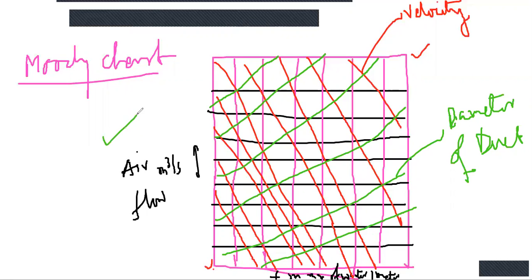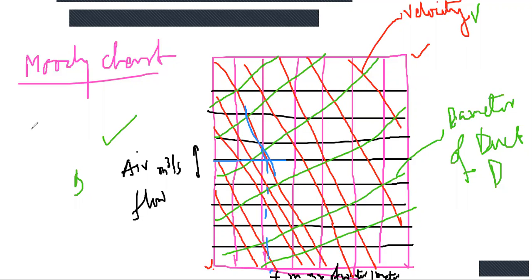If we know the air flow rate, that means Q, if we know the velocity, if we know the diameter, then we calculate the friction factor. Simply, the air flow line, velocity line, and diameter line intersect. From that point, plot vertically downward. This is the friction factor of that point.